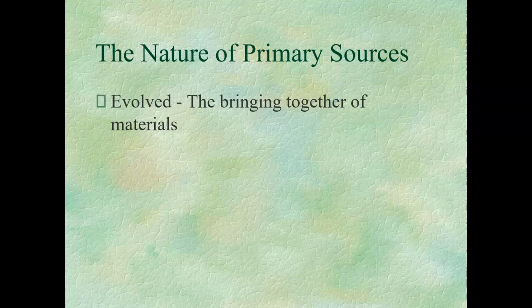But what happens is people are bringing together materials. So things are being written, and people have access to things that are being written, and then copy them, write them down again, and add, as it were, other things. So they have an evolution.